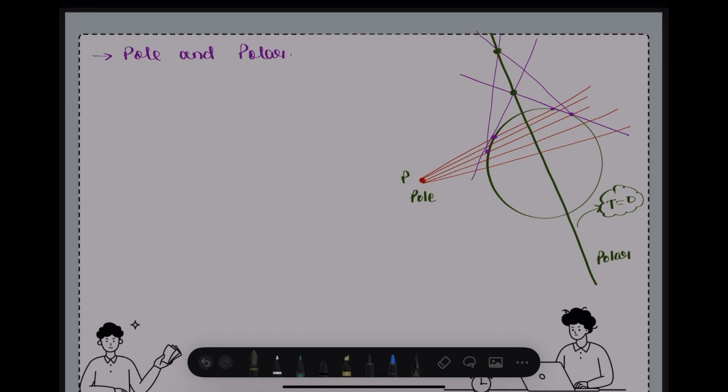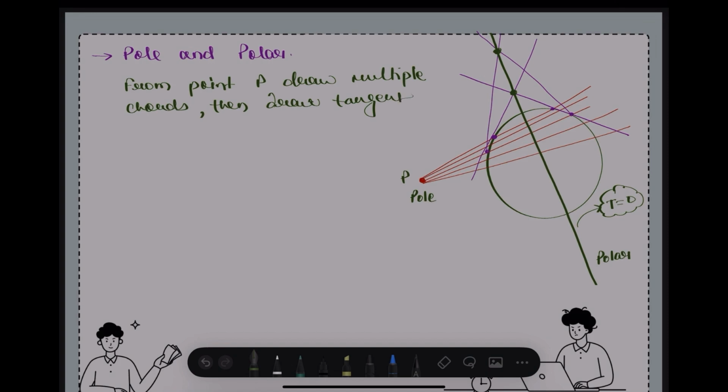Okay, so I'll write down something. From point P, draw multiple chords. Okay, then draw tangents from the end points of the chords.